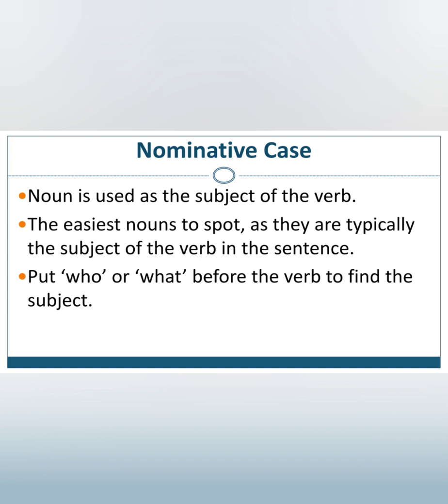When a noun is used as a subject of the verb, it is said to be in the nominative case. These are the easiest nouns to spot as they are typically the subject of the verb in the sentence.